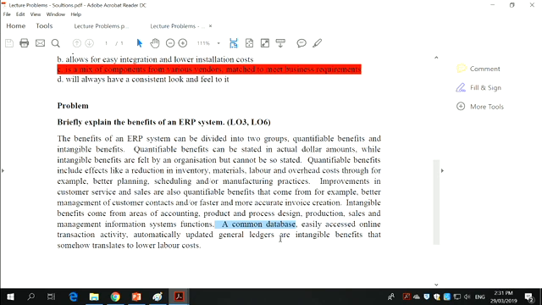So that's why those benefits are intangible. Most people will have the feeling that it's a good thing, sharing the data straight away. But the problem is we don't know exactly how much value in dollars can be added to the company. But it's still a good thing in most people's minds. So those kinds of benefits are intangible, so they are non-quantifiable.